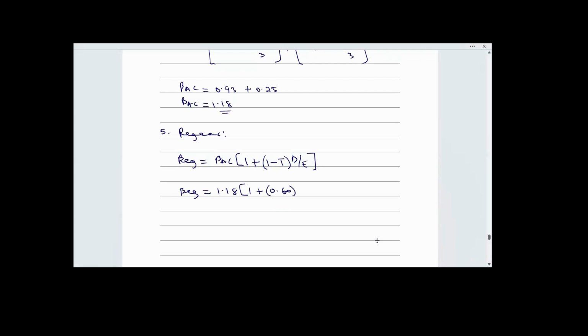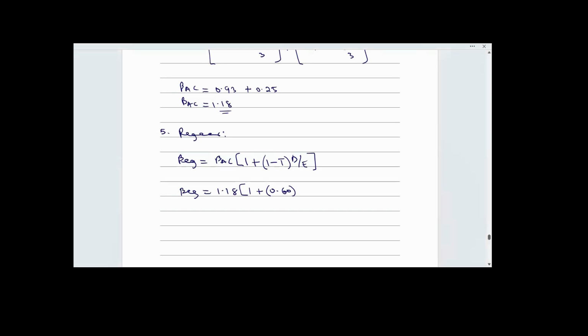Now, we need the debt equity ratio of Columbia PLC. I will then go back to the question. What is the debt equity ratio of Columbia PLC? In the first paragraph, examiner told you that the company has a total debt to total market value ratio of 30%. Total debt to total market value ratio of 30%. If debt is 30%, then equity will be 70%.